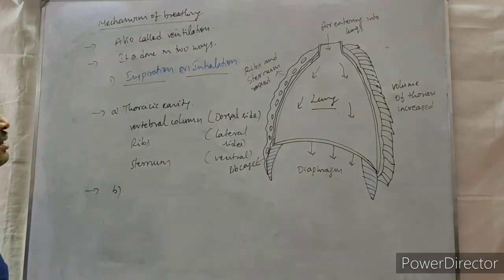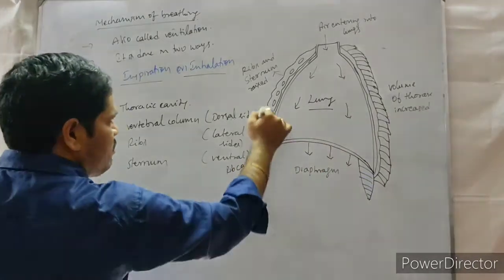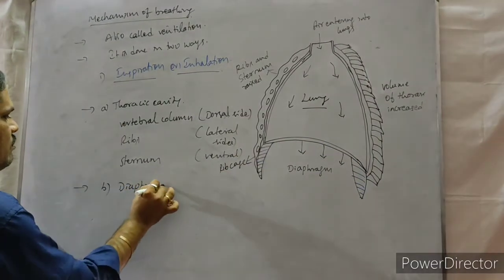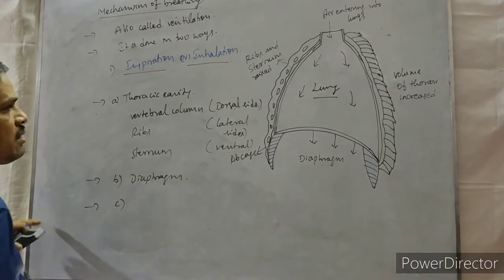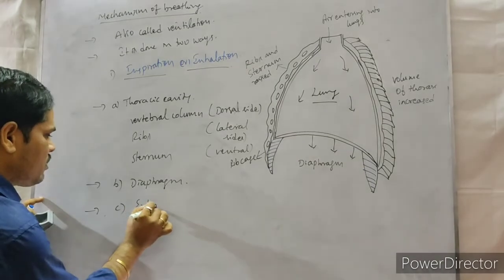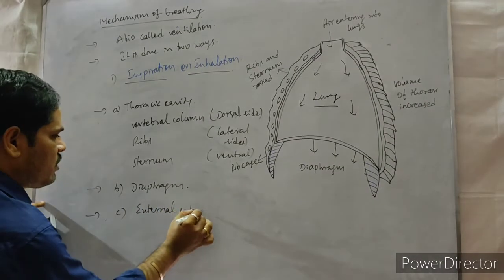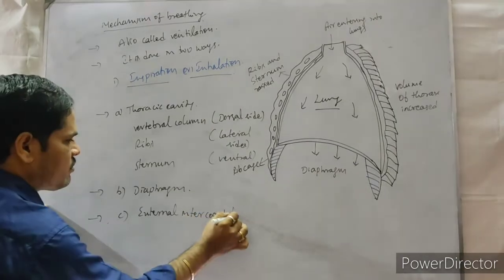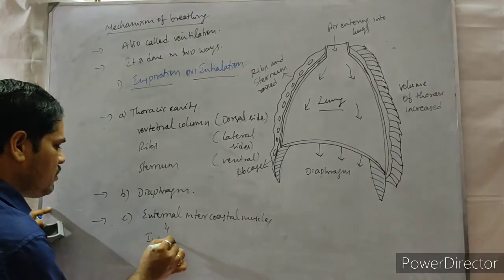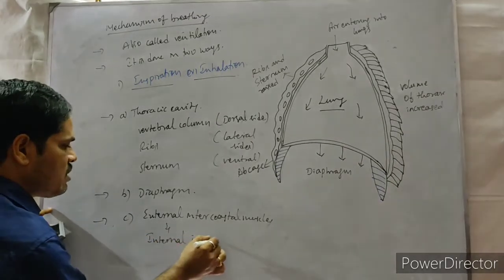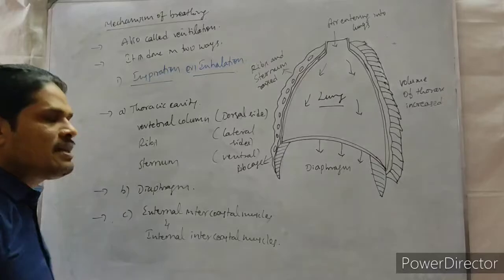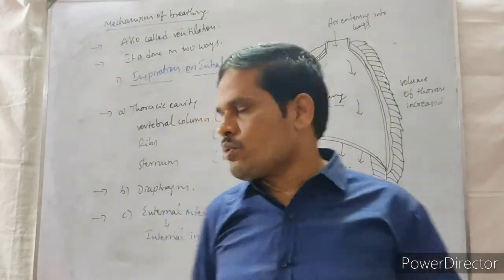The next one is the diaphragm. This is the diaphragm, and this is the rib cage. Then the third one: what are the muscles? External intercostal muscles and internal intercostal muscles.